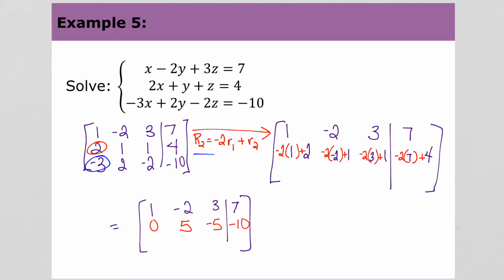Then we're going to do something similar to get a 0 on the bottom row. So what makes a negative 3 a 0? Adding 3. So in row 3, we're going to do 3 times row 1, because if we multiply the 1 by 3, it'll give us our 3. 3 times row 1 plus row 3. So 3 times row 1 plus, I'll write that all the way through.